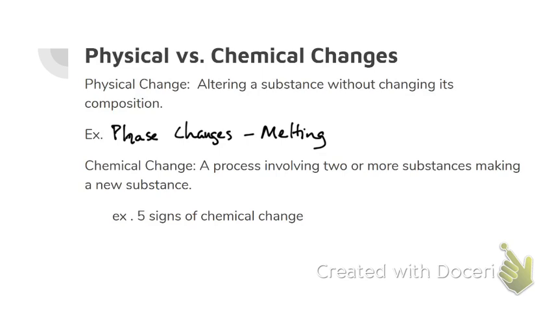A chemical change, though, occurs when you form a new substance. Oftentimes, there are 5 signs of chemical change.